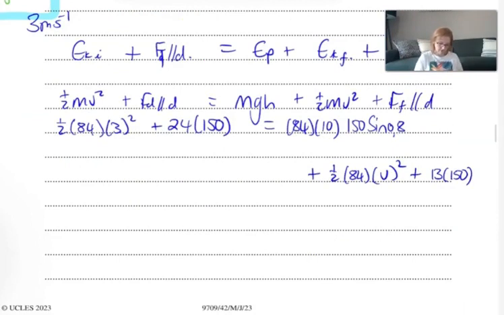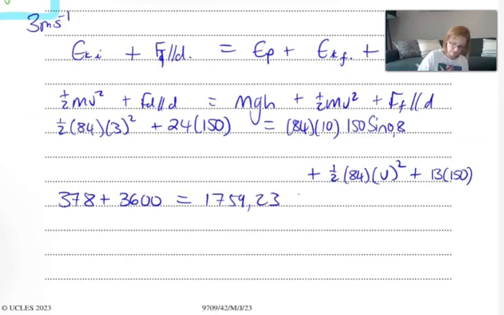3 squared. I'm just going to write down, so that's 378, and then 24 times 150. Okay, half of 84, I'm just going to do that.